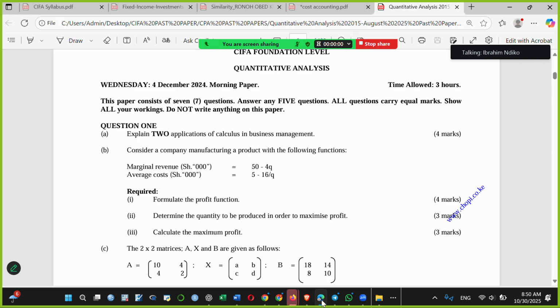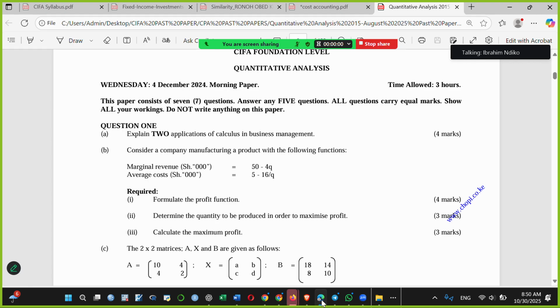The company is considering manufacturing a product with the following items. We've been given the marginal revenue: 50 minus 4Q, and our revenue function is in 1,000.